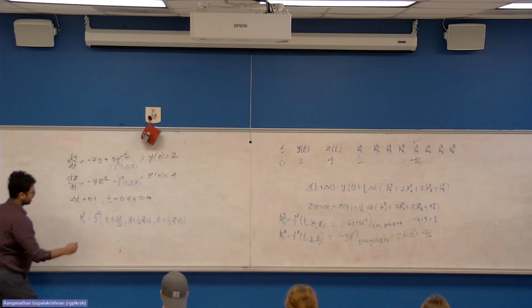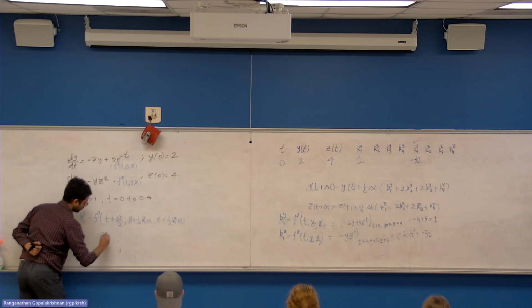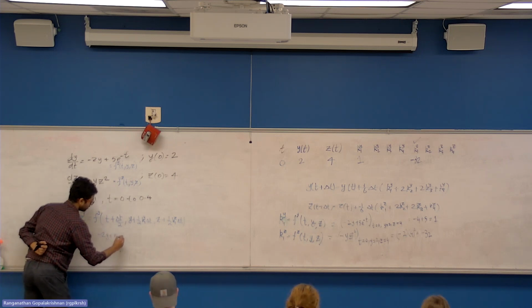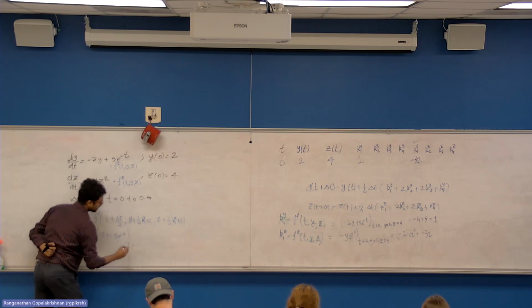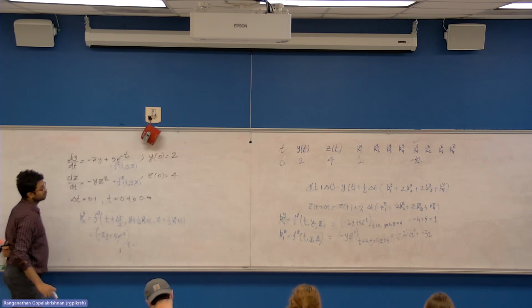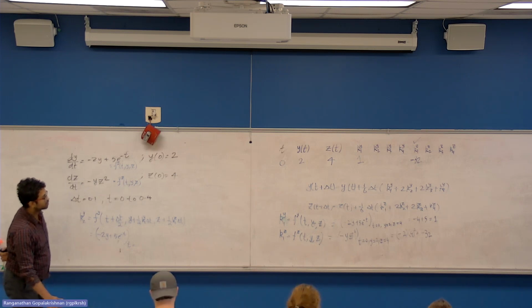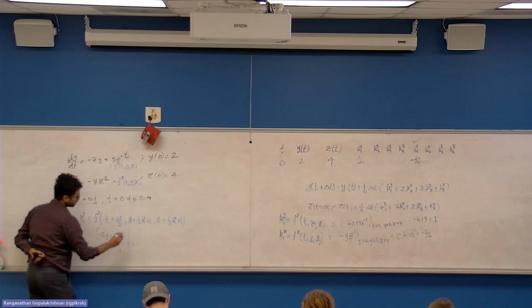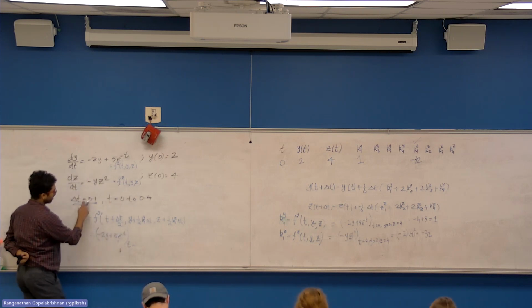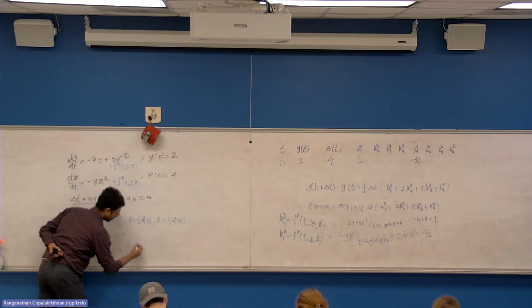That is like saying minus 2y plus 5 e power minus t, the function, is evaluated at what is t plus delta t over 2? What is my delta t? What is my choice? I think I said 0.1. Yeah, 0.1. So that is t 0 plus 0.1 divided by 2 or 0.05.